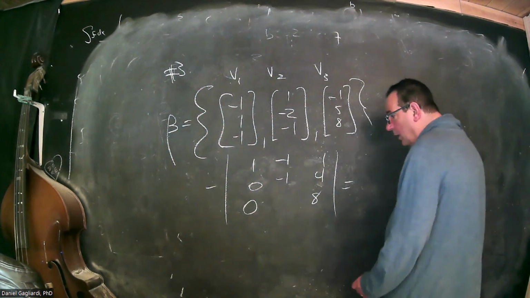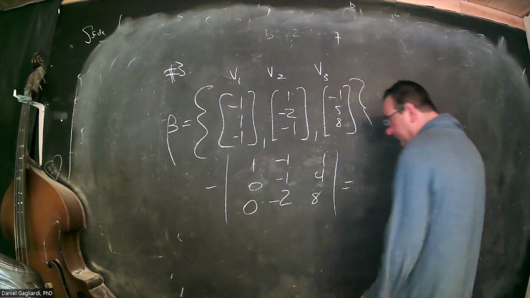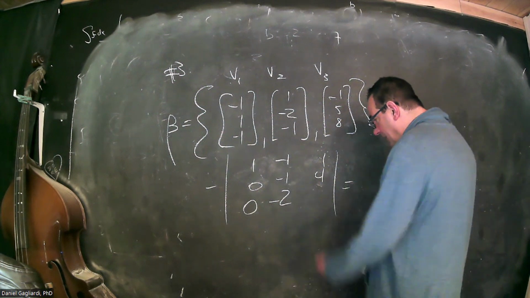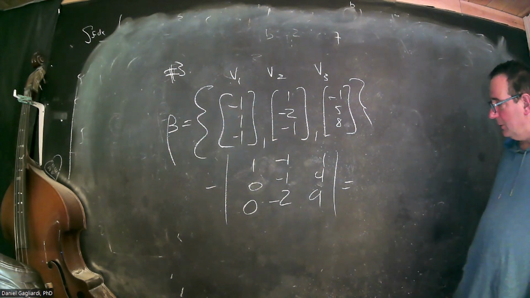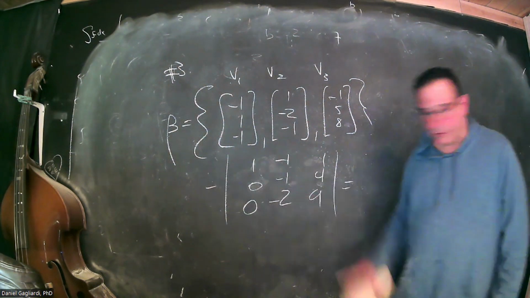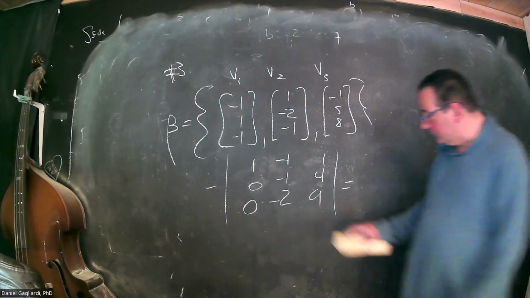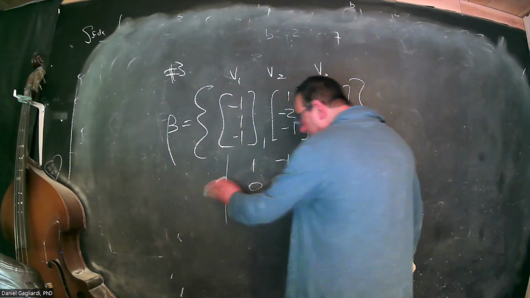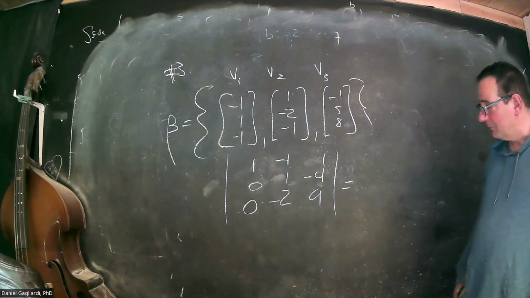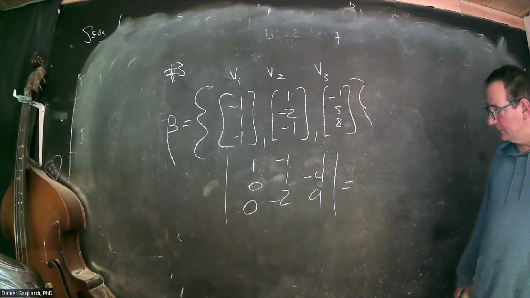Continuing to add row 1 to row 3, we have a -2, and then we have a 9. We're not quite there, but we're close. How about I factor out another negative? So I can change the sign here, and then I can remove this negative in front. Isn't that remarkable? There's nothing in front of the determinant.